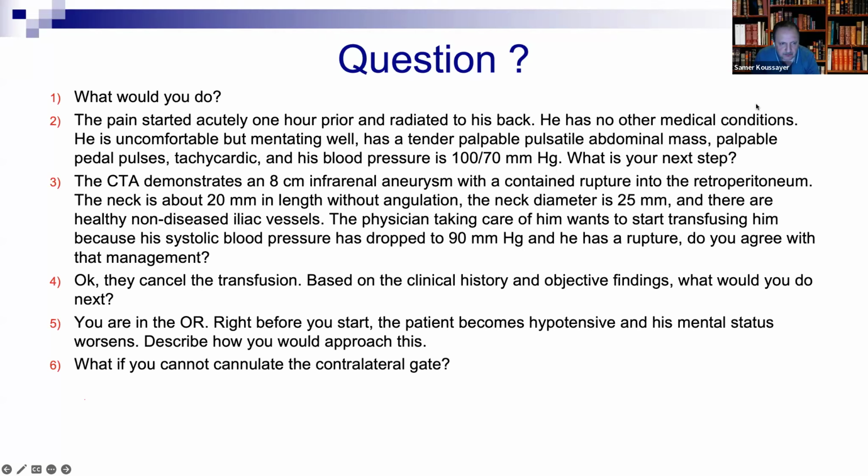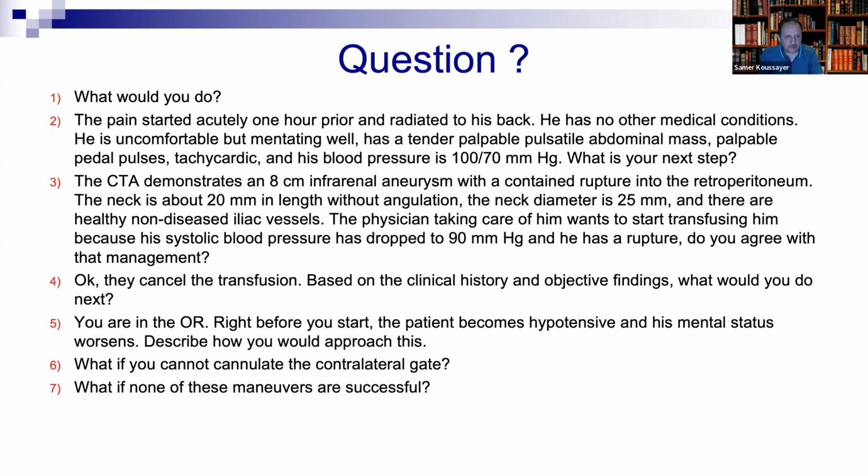Brachial is not a good option here because you have a balloon, right? We did not inflate the balloon. So the best way is to go from the ipsilateral limb over the gate divider, and then you can be snared from below, as you said.